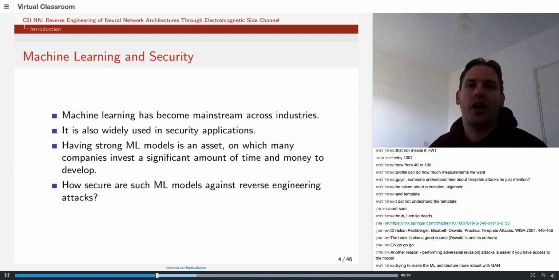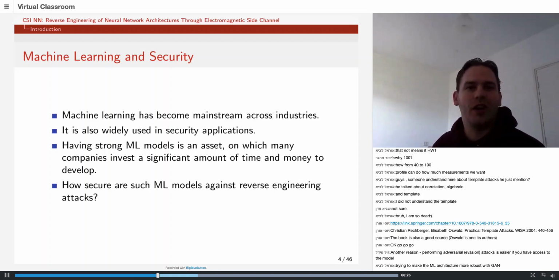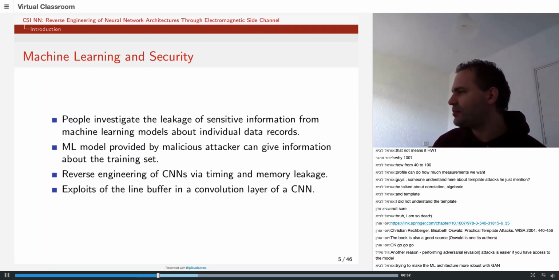So in a way, you already saw reverse engineering with simple power analysis, where you were able to recognize the number of rounds or recognize the operations. And by doing that, you were able to get the key. But here we will actually talk about reverse engineering the architectures.